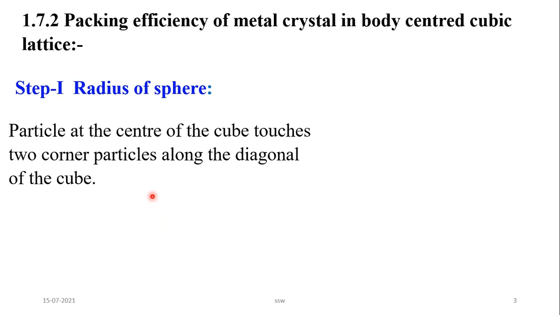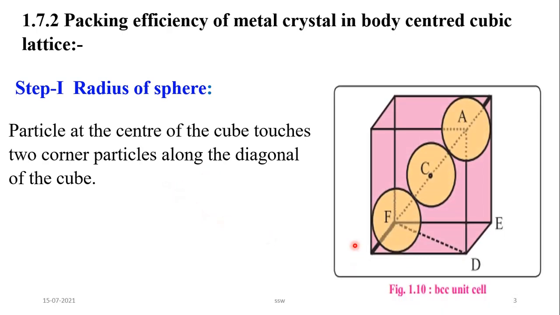The radius of spheres is calculated like this. You know that in the BCC structure, the particle at the center of the cube touches the 2 corner particles along the diagonal of the cube. See here, this is the body-centered cubic unit cell. Particles are present at the corners, and this is one corner particle.